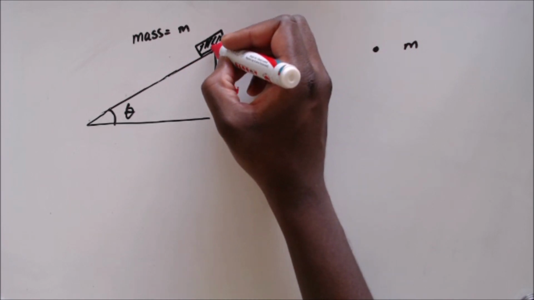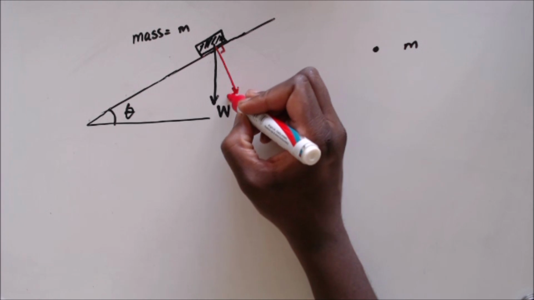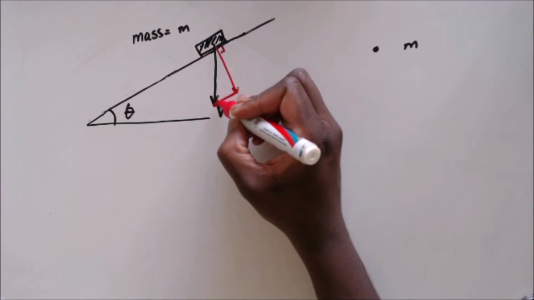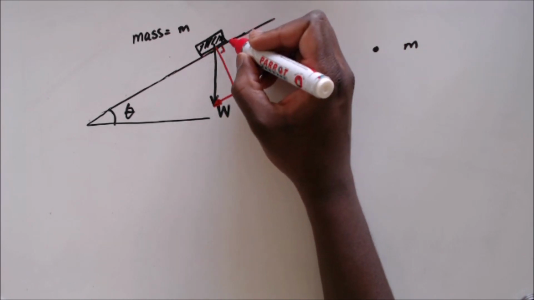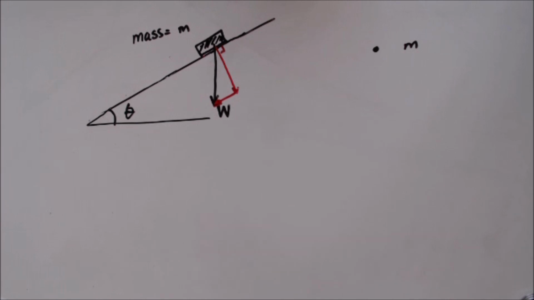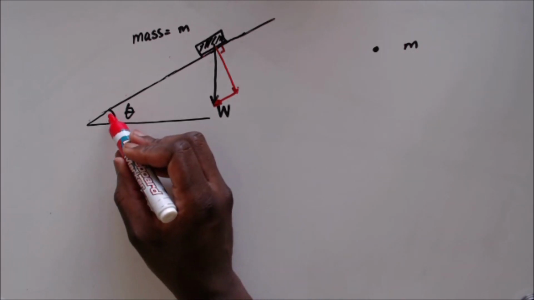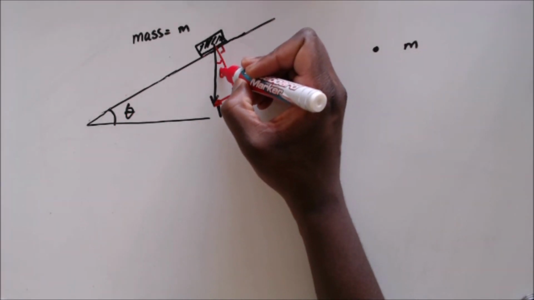But instead of drawing that component here at the level of the plane, I'm going to draw it over here. Okay. So there's this component at right angles to the plane and this component which is in the direction of the plane. And of course, if we use a little bit of simple trigonometry, then we'll see that this angle theta there is equal to that angle.